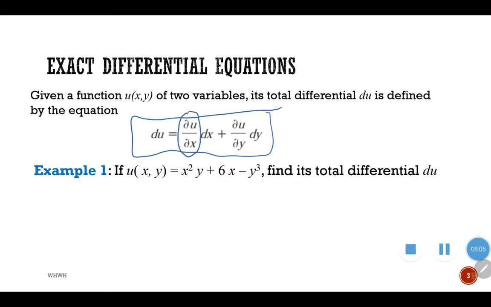That means this is our what? Del u over del x is our m. Del u over del y is our n. Right? From here we let m and n.